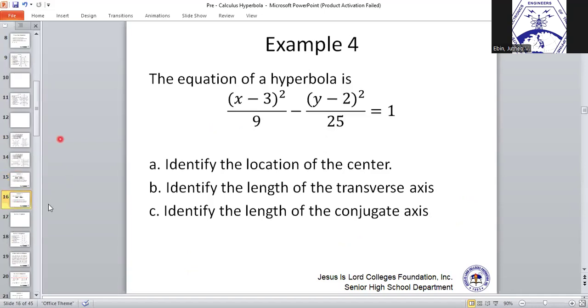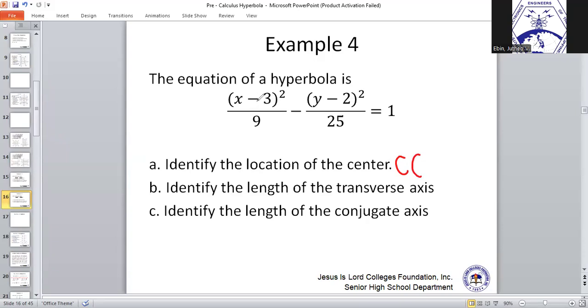Example number 4. So, ganun pa rin, given yung equation, identify the center, transverse axis, and conjugate axis. So, sa center, HK, ang kapartner ni H ay si X, si K ay kay Y. Kapag kinuha, mapabalik na rin yung sign.